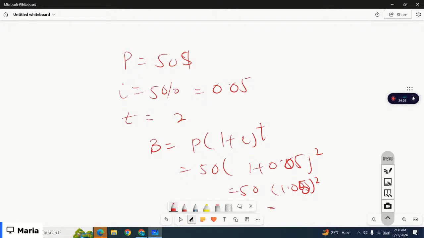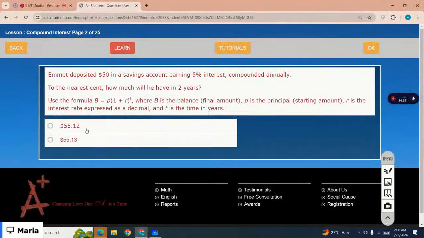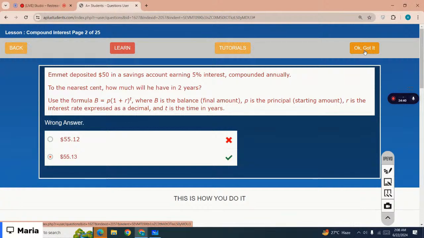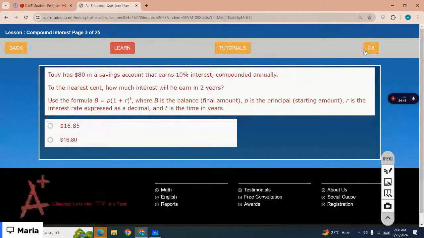So let's just do the calculations. The correct option is 55.125. So the correct option is $55.12. That is option number 1. Got it? Oh, $55.13 it is. You have to round off.